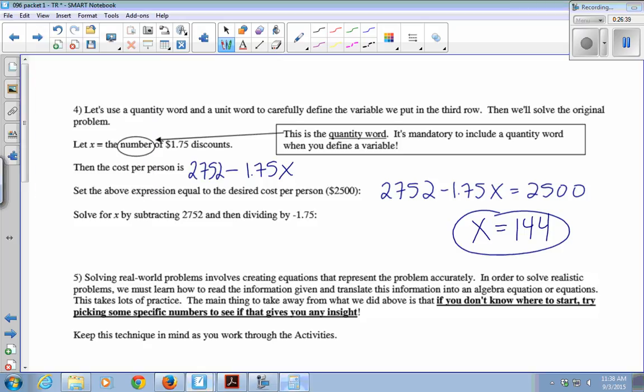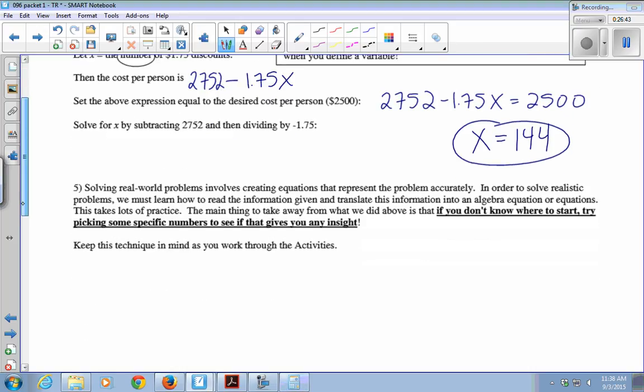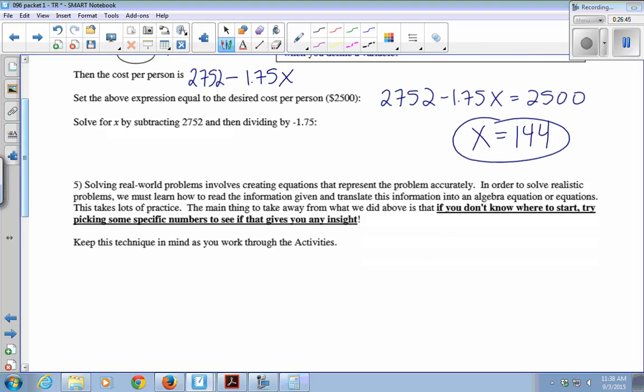So solving real-world problems involves creating equations that represent the problem accurately. In order to solve realistic problems, we have to be able to take the given information and translate it into an algebra equation. This takes a lot of practice. It's a knack that you develop with practice and time.